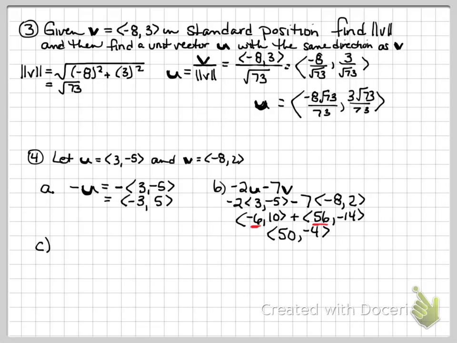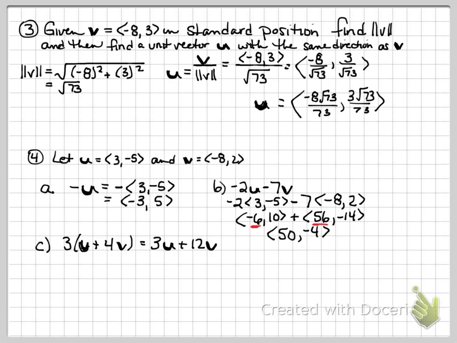And I want 3 vector u plus 4 v. So now what I want to do is distribute that 3, and I get 3 times vector u plus 12 times vector v.